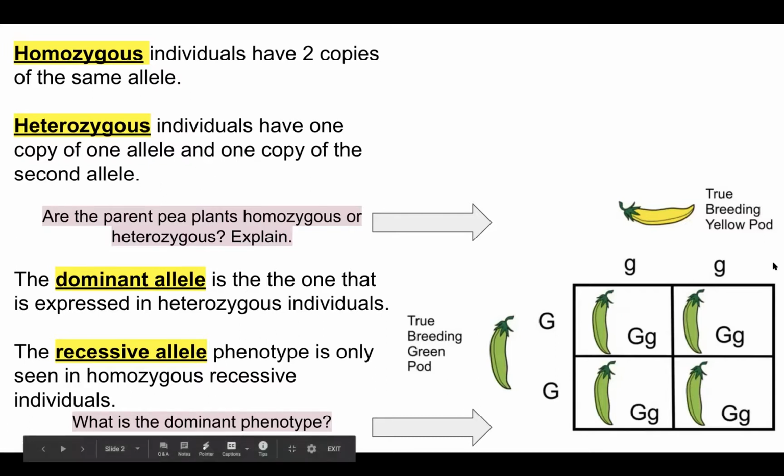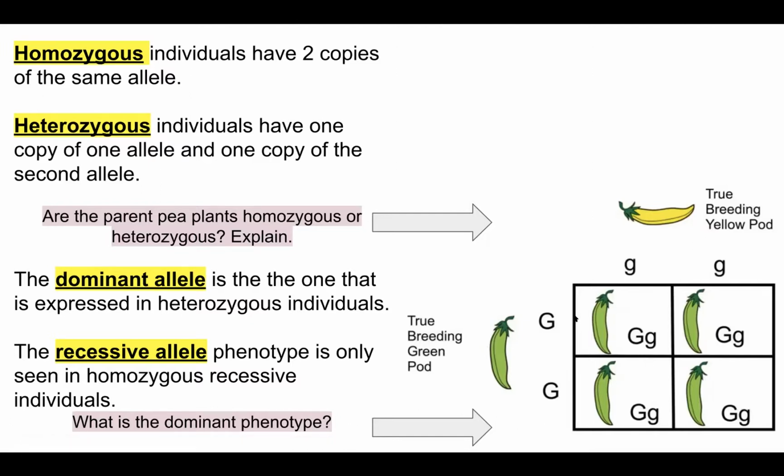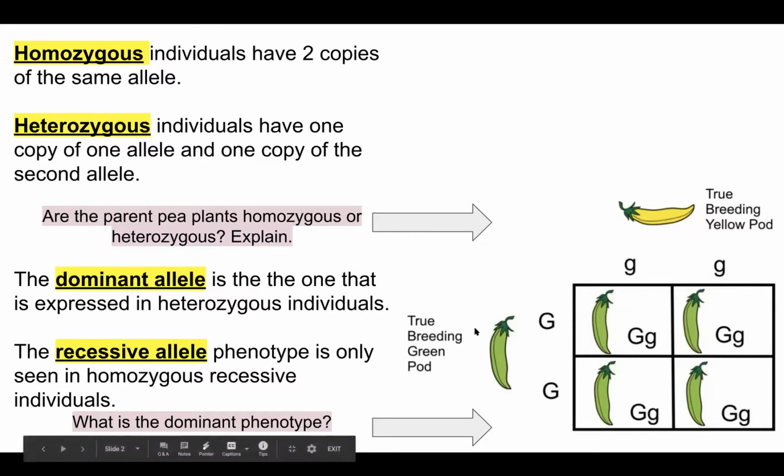So if we take a look at this pea plant monohybrid cross over here in the corner, this Punnett square, are the parent pea plants homozygous or heterozygous? And how do you know that? So take a look at the yellow pea plant parent over here and the green pea plant parent over here, that's a mouthful.